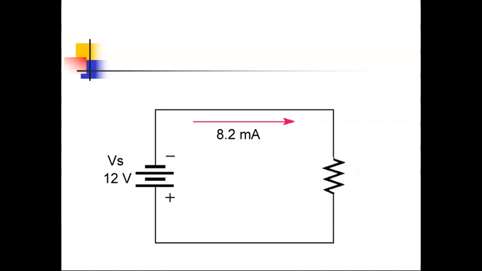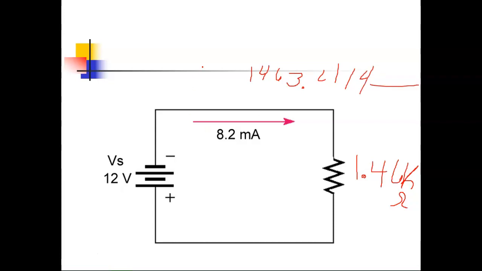Okay. And you said it was what? 1.46. That should be kilo ohms, because the number is 1463.414, and so on and so forth.